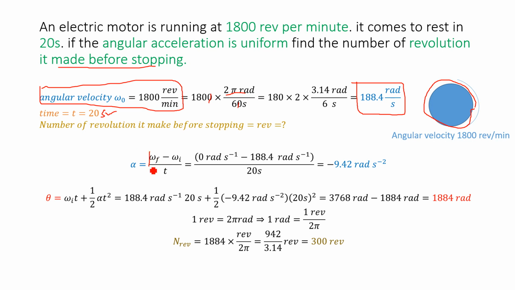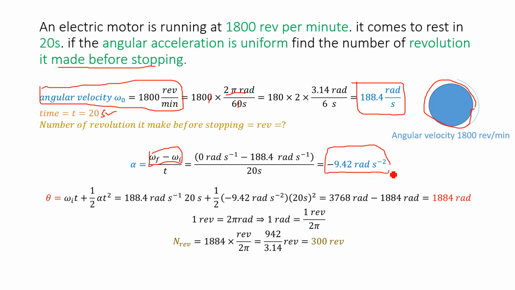The change in angular velocity is omega f minus omega i, the final velocity minus the initial velocity. Substituting the final angular velocity equal to 0 and the initial angular velocity 188.4 radian per second, divided by 20, we get minus 9.42 radian per second square.